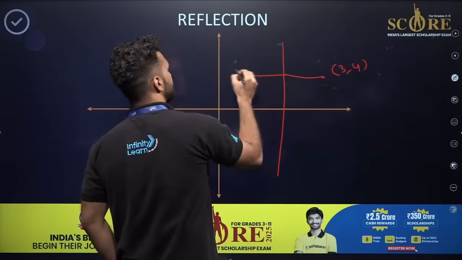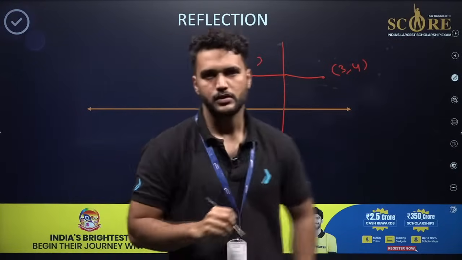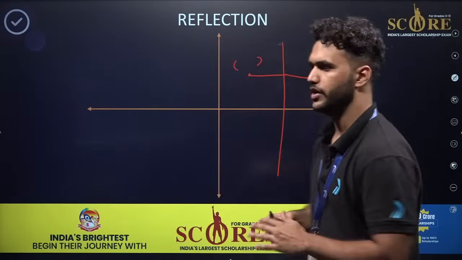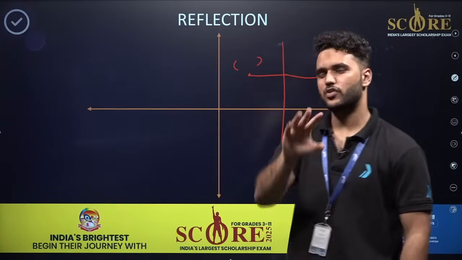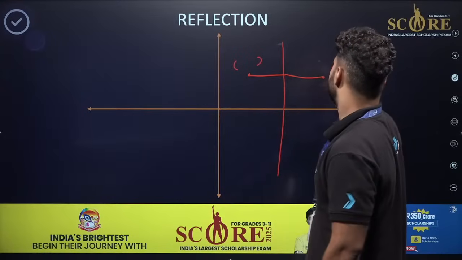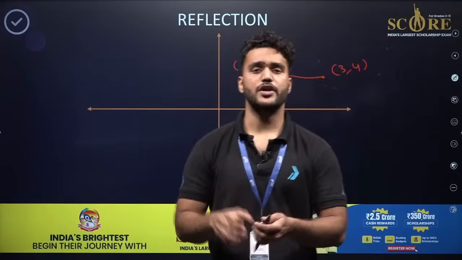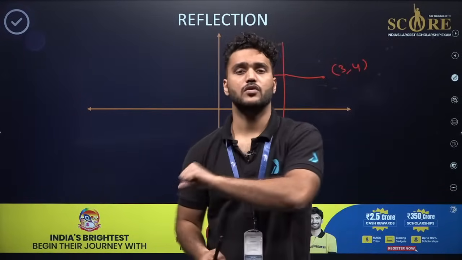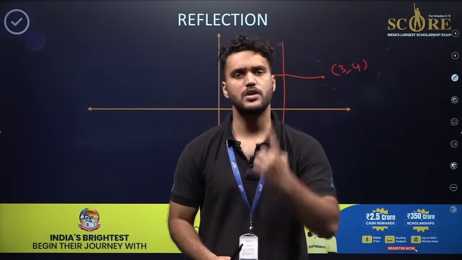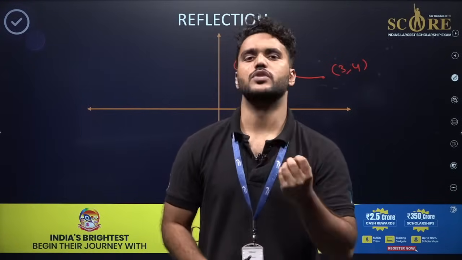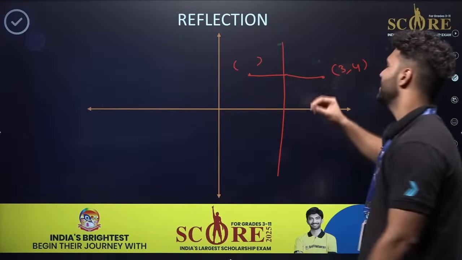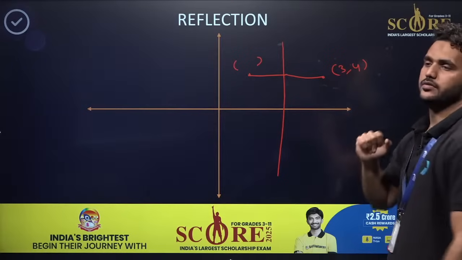Now what can you say about the coordinate of this point? See, one coordinate is surely changing, because whenever you change position, do you know about that? If I say 3, 4, how many points exist on this plane whose coordinates are 3, 4? Only one. This 3, 4 coordinate point is unique. You cannot find any other point which has these coordinates.